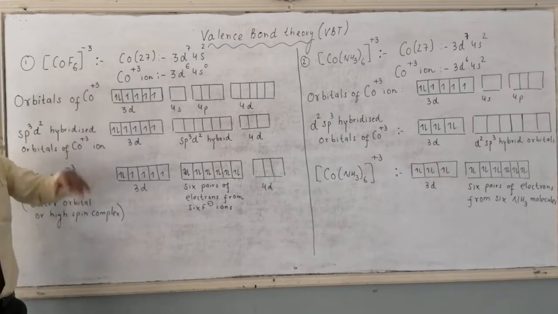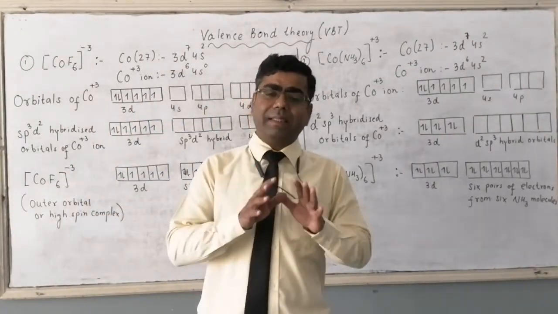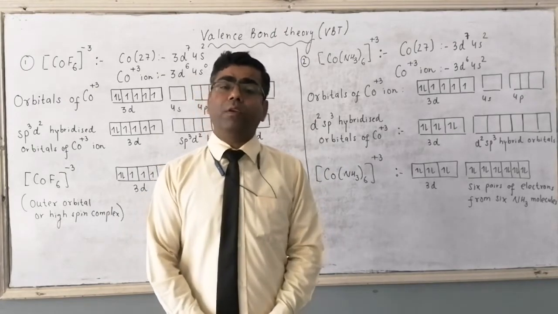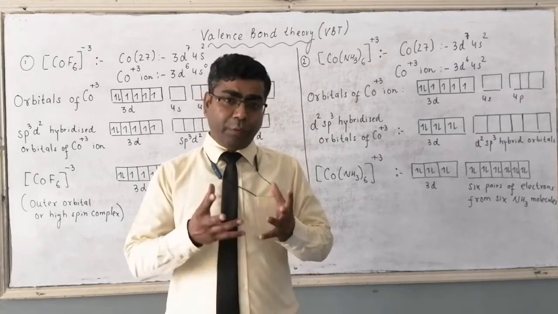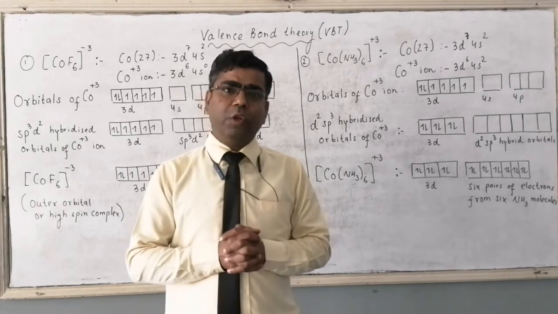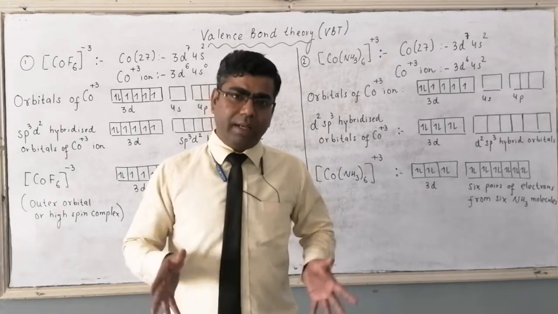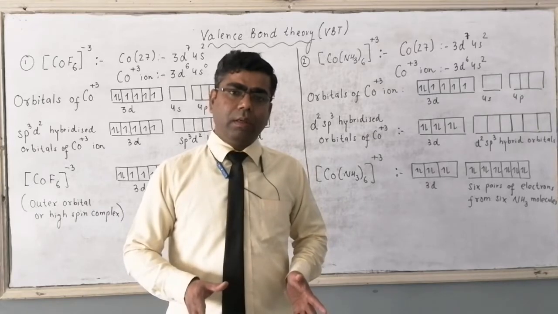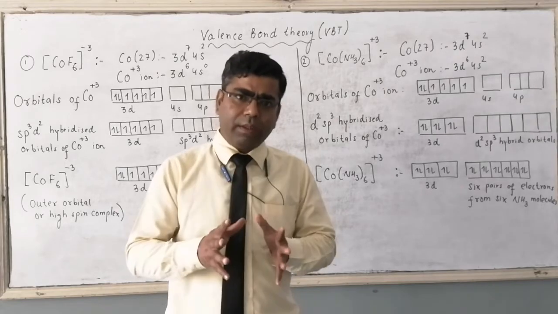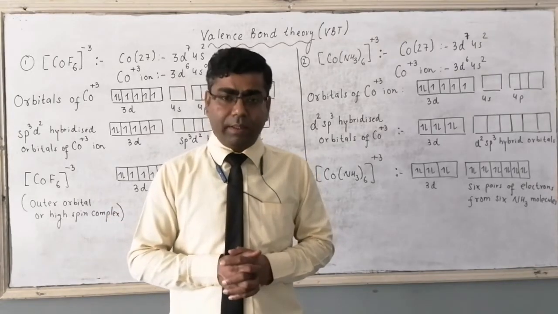How many ligands are there in CoF6 3-? Definitely there are 6 ligands. Each ligand will contribute a lone pair of electrons in the vacant orbital of Co3+. But before accepting the lone pair from the F- ion, the vacant orbitals of Co3+ will undergo hybridization, intermixing of energy, as a result of which orbitals with the same energy will be produced, which are called hybrid orbitals.